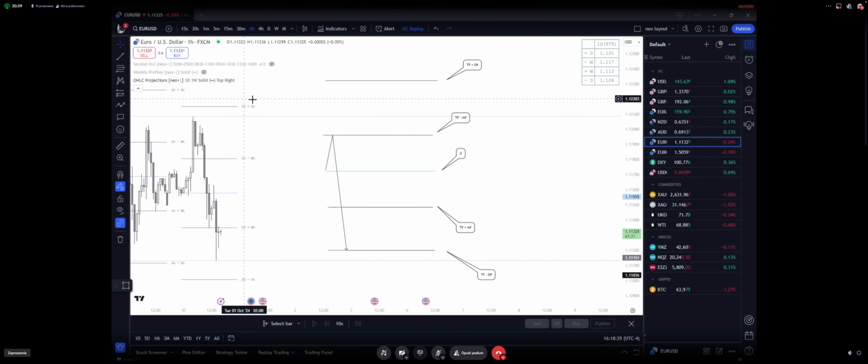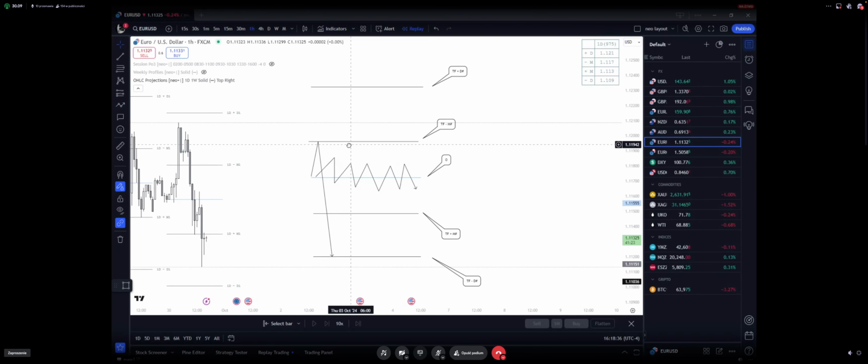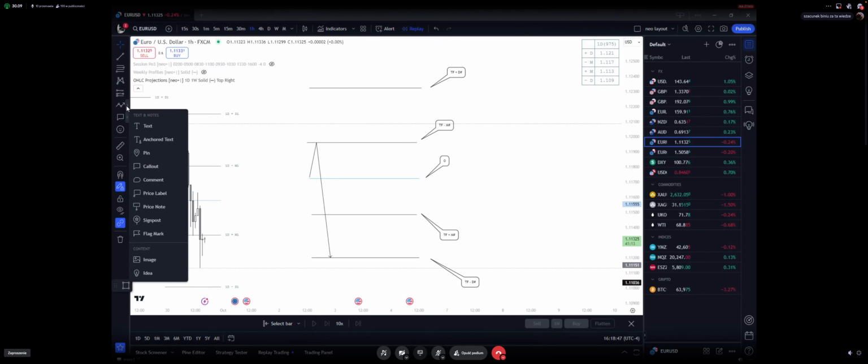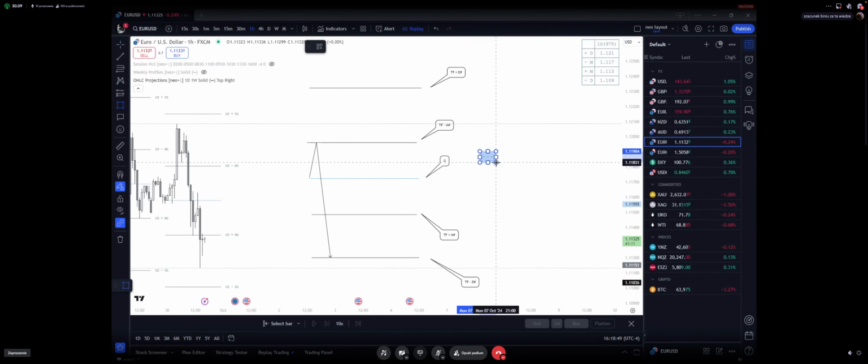If you're consolidating in between both of these levels and there isn't really a high of the day made, then these levels don't really mean that much, because it's looking at a specific type of candle where you're distributing.